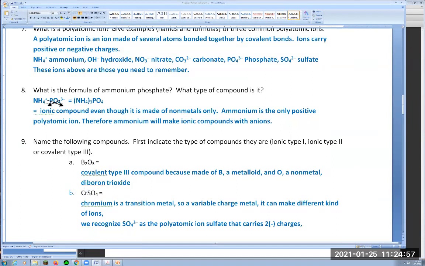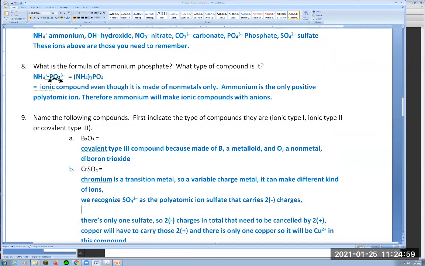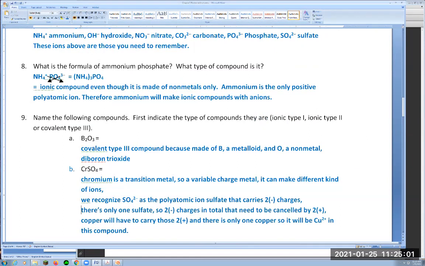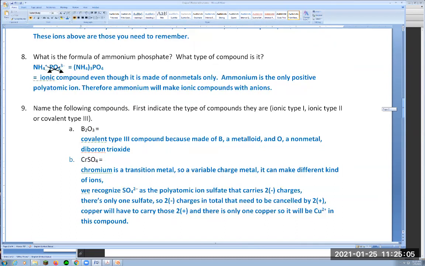So it will be chromium 2 plus in this compound.